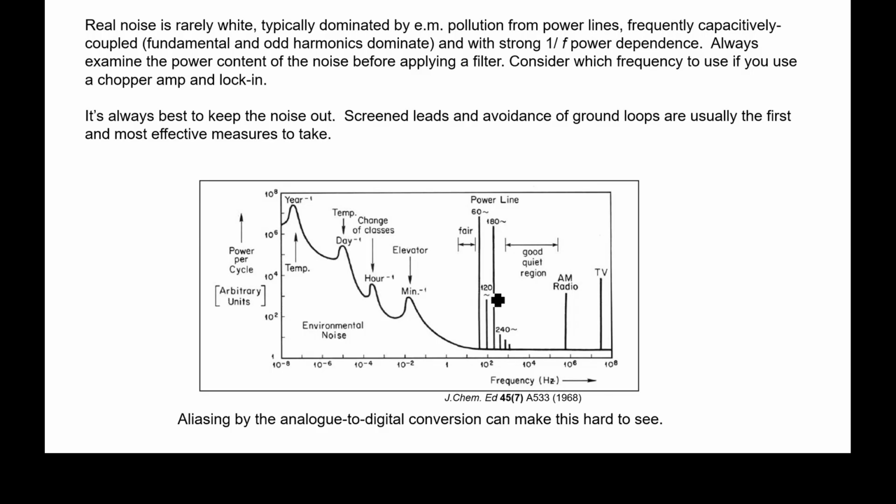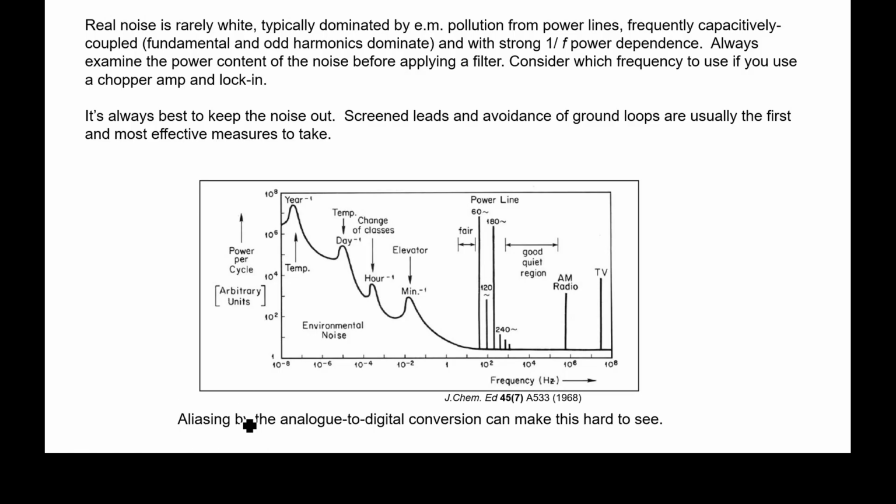And here we've got the odd frequencies being at higher power, suggesting that this noise is capacitively coupled. And then on top of this, we'd have AM radio and TV, and then FM radio on top of this as well.